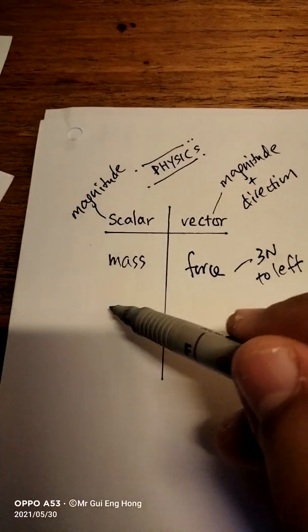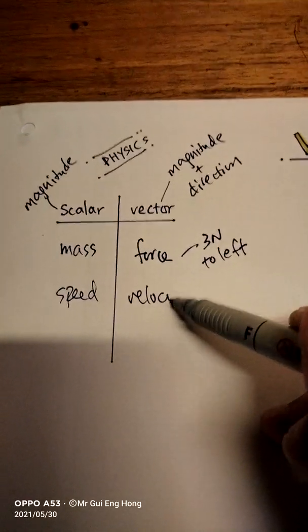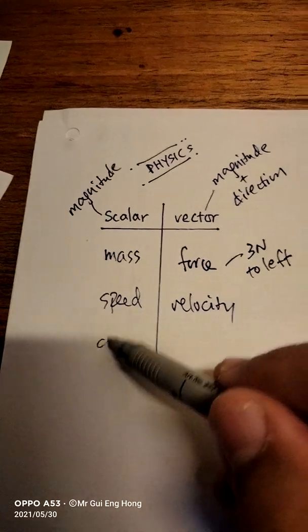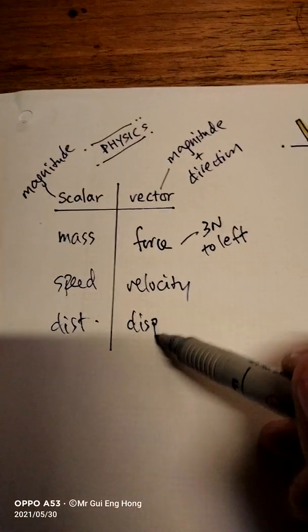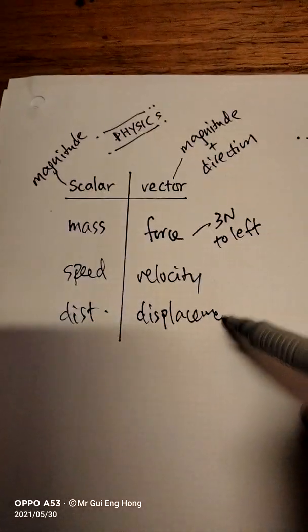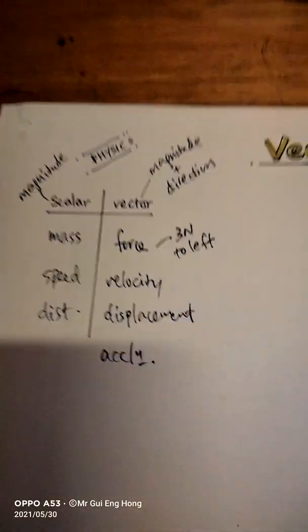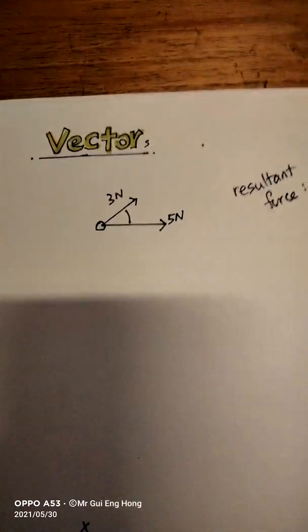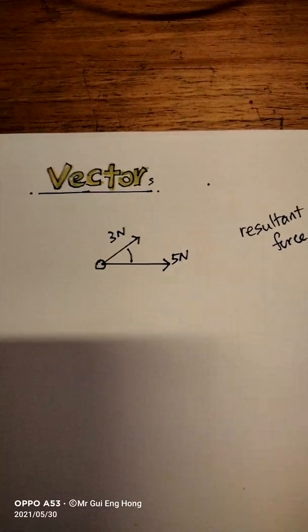Other examples of scalar and vector will be speed, velocity, distance, displacement, and acceleration.